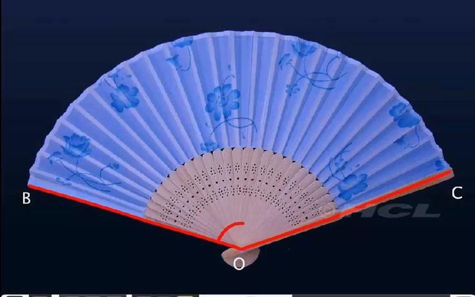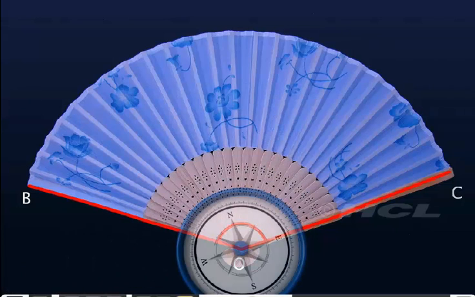And how about this angle? Shall we try the RA tester on it? It seems more than 1/4 of a revolution, but less than half a revolution. That is, it is larger than a right angle, but smaller than a straight angle.